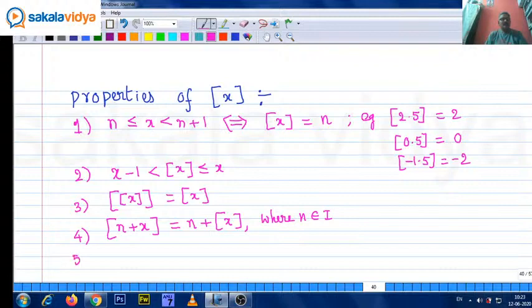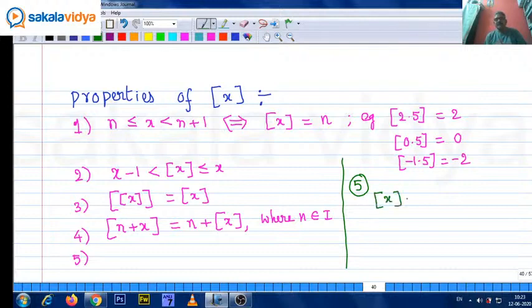Next, fifth one. This is a very important point, and it will be useful for problems.